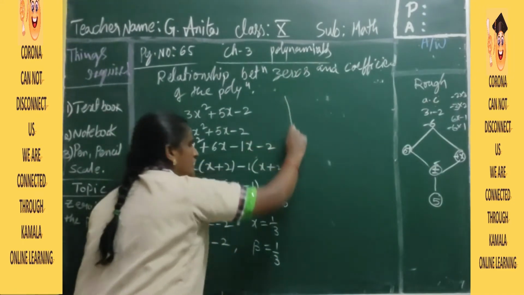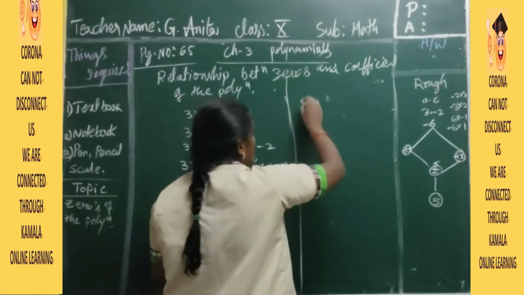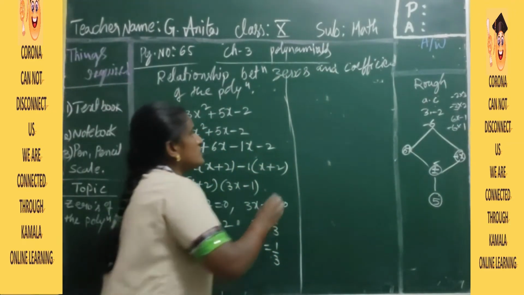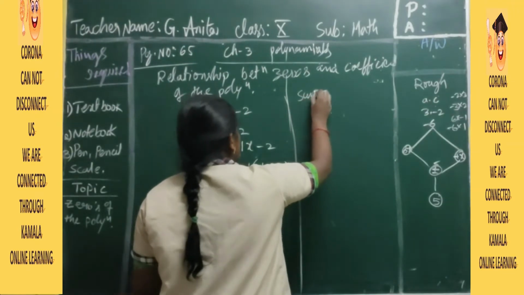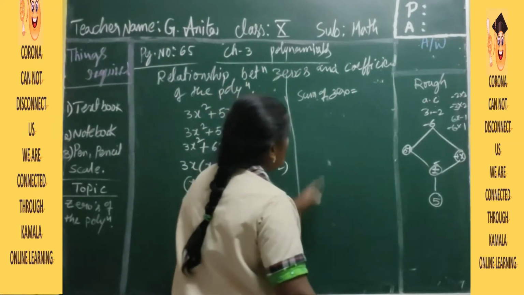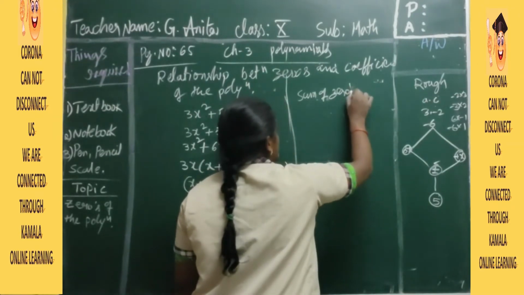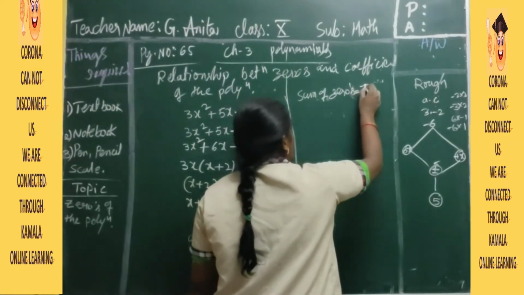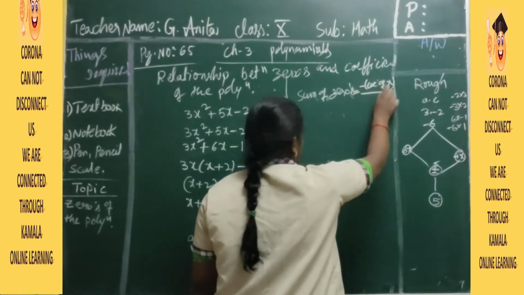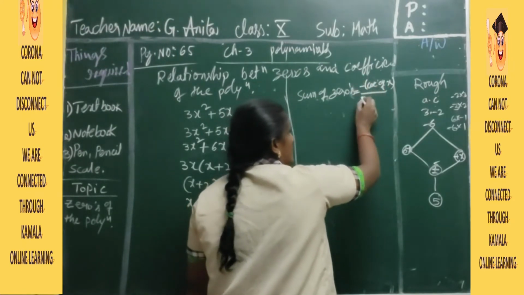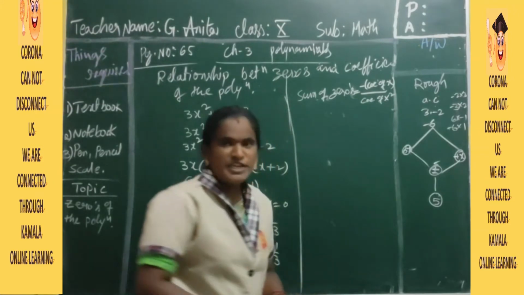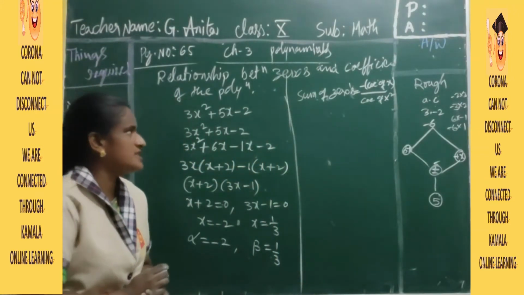Now we are going to find the relationship between coefficient and zeros. So sum of zeros is equal to, what is the formula, children? Sum of zeros is equal to minus of coefficient of x by coefficient of x square.